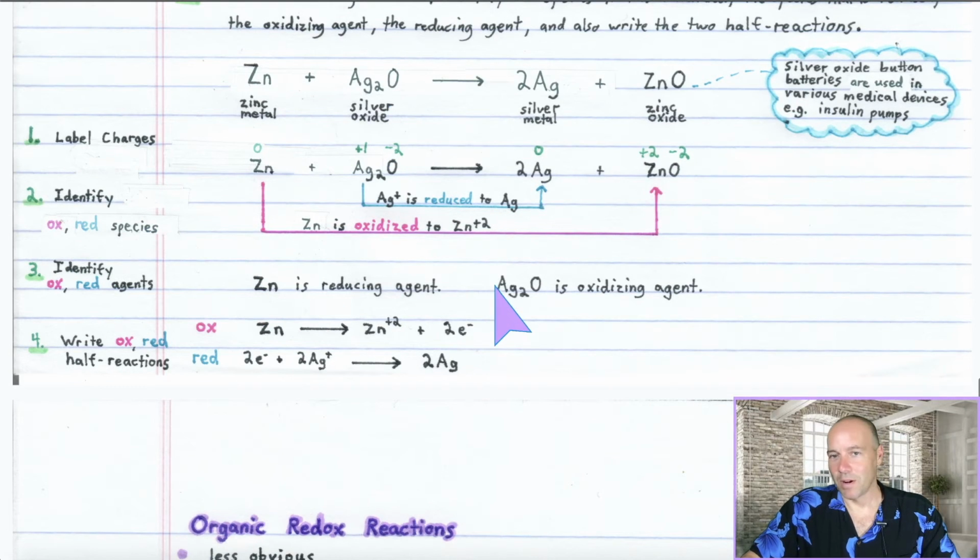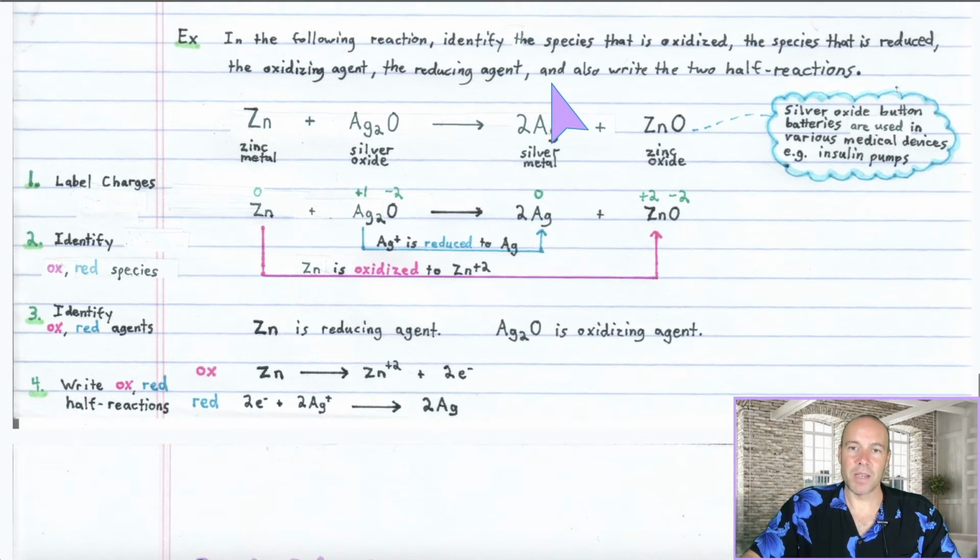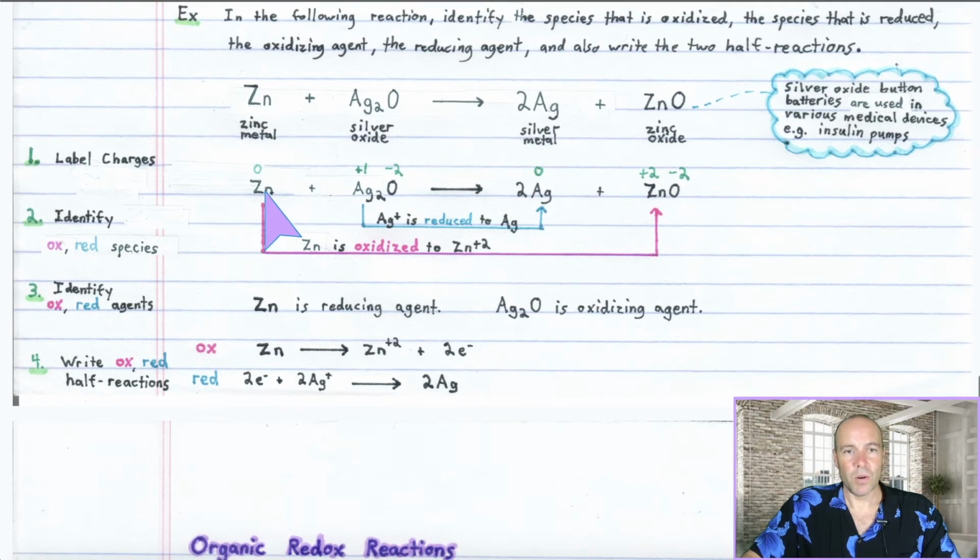So there we go, we're almost there. And the final step is to write the two half reactions. So if zinc is oxidized to zinc +2, we can write that as follows. Zinc turns into zinc +2, and each time that happens, 2 electrons are released. And so in the reduction half reaction, we need to show what happens to those two electrons.